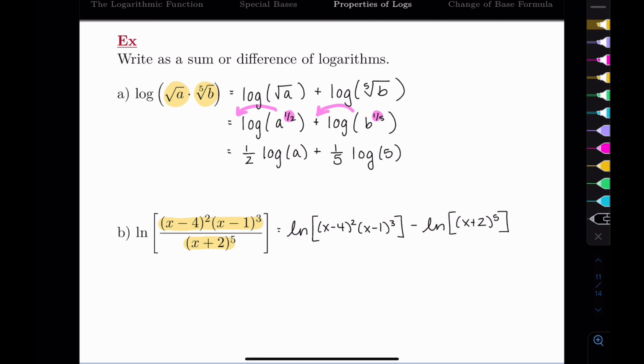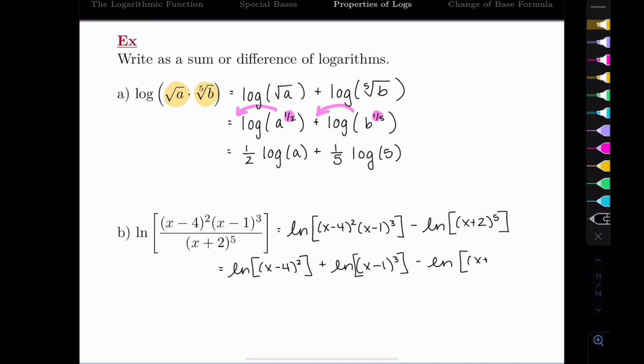Okay. And now I can go through and split this even more because now I have multiplication within here. So this is really equal to ln of (x minus 4) squared plus ln of (x minus 1) cubed minus ln of (x plus 2) to the 5th.